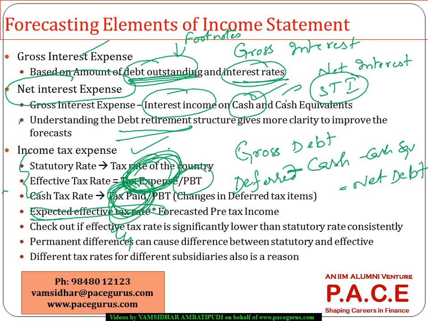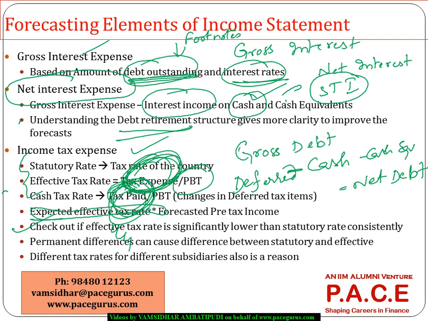But before we put the number, it's always advised to check if there are huge significant differences between what would be the tax if the effective tax rate is used versus a statutory tax rate, because the reconciliation between the effective tax rate and statutory tax rate typically is found in the footnotes.